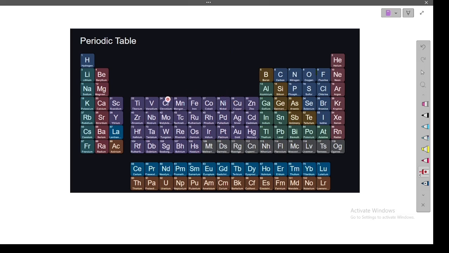That makes it easier for them to lose electrons. So metallic character increases down the group. For example, the first group where we can see lithium, sodium, potassium and other elements. The metallic character is actually increasing down the group.